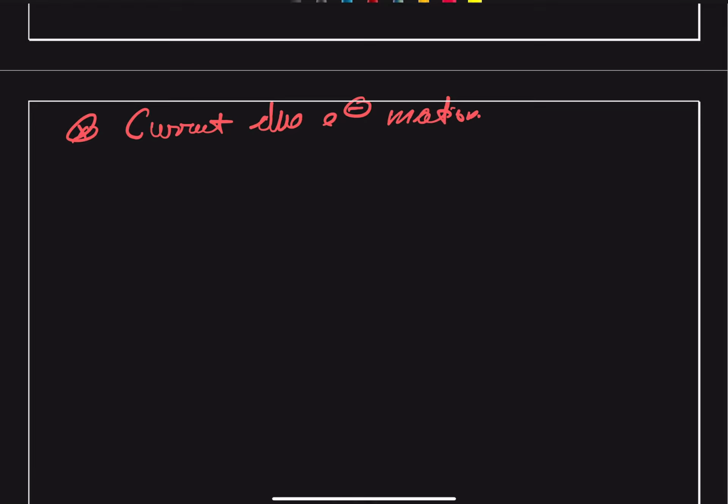Say current due to electron motion. If that current is represented as I, so I will be equal to charge upon time period.